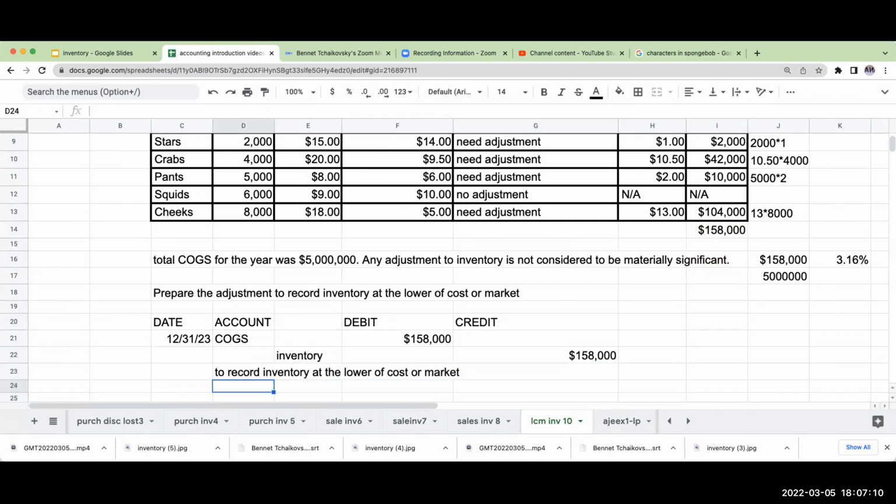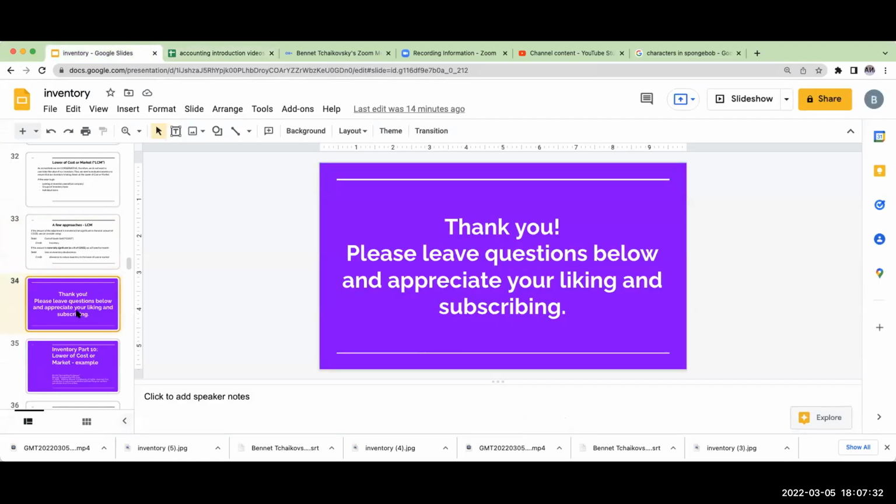Depending upon your accounting instructor, they may have you do this differently. They might use the allowance to reduce inventory to market. That's one of the things we could be going through and doing here. But this is the way that I generally do it for my introductory accounting students. But this is an example of the lower of cost or market.